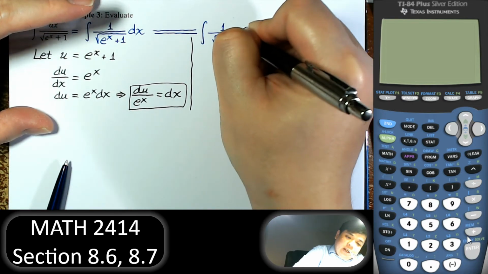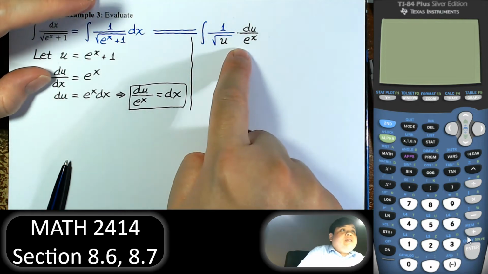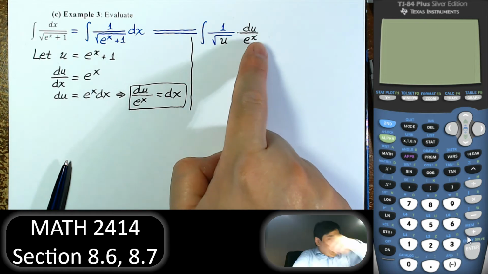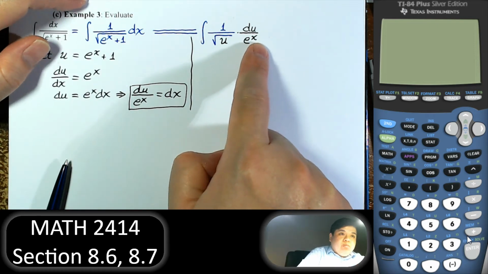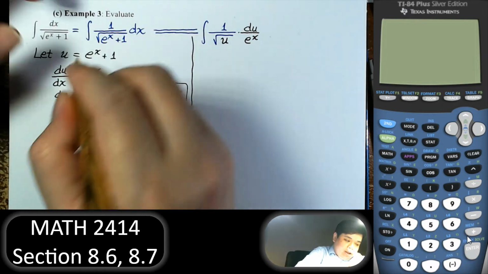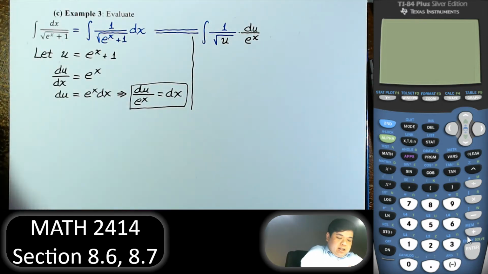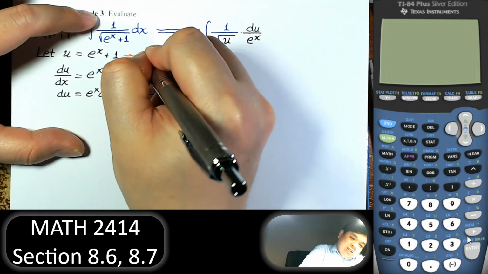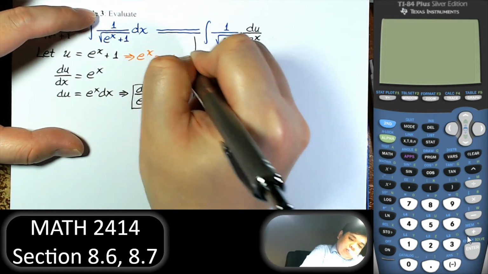Right. There's a little problem. We have e to the x. In particular, we have x, and that is the problem. We have to write that in terms of u. Luckily, it's not that bad. If that is the case, then u is equal to e to the x plus 1, so e to the x is equal to u minus 1.